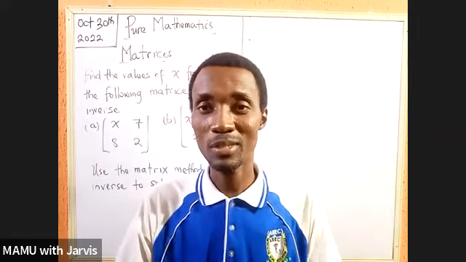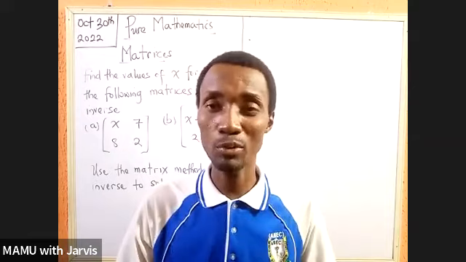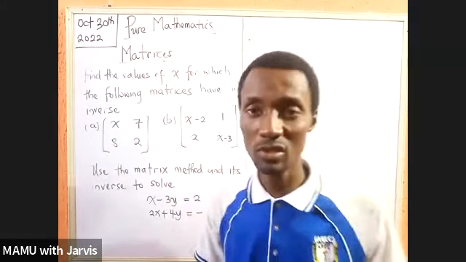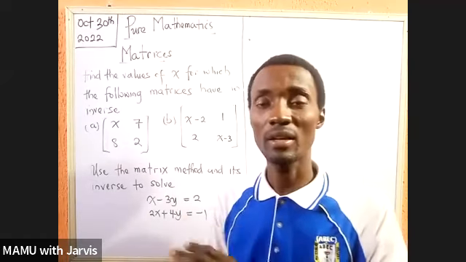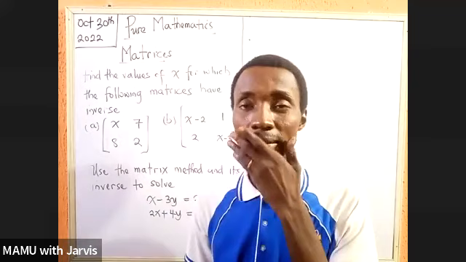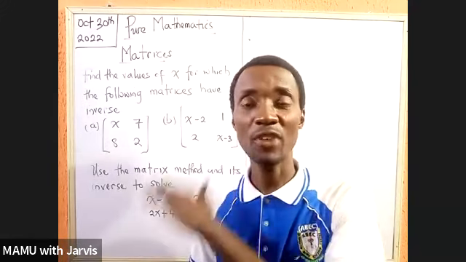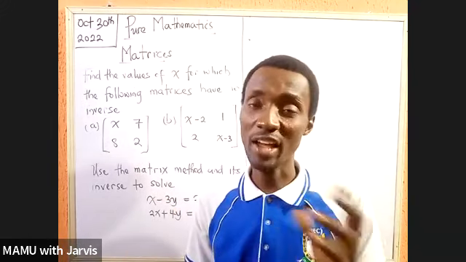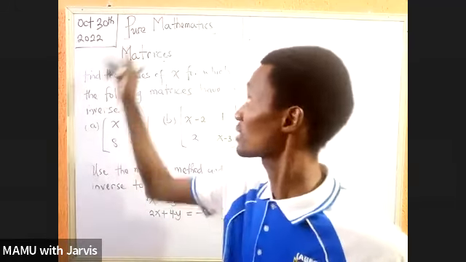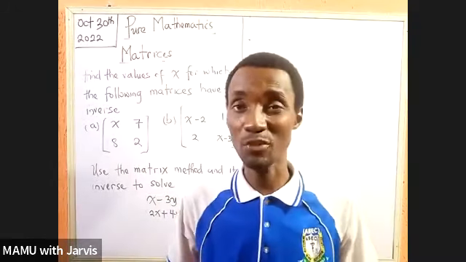To get this synopsis on, I have a problem on the board, and it's testing your knowledge of matrices. Matrices is actually grade 12 work, and we can find it in maths and in further mathematics. I have worked with the paradigm that this is pure maths, which is essentially further mathematics.